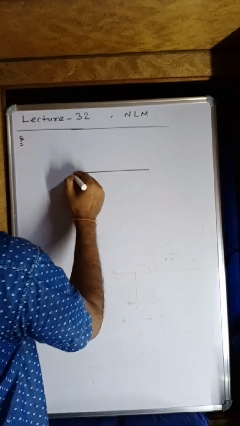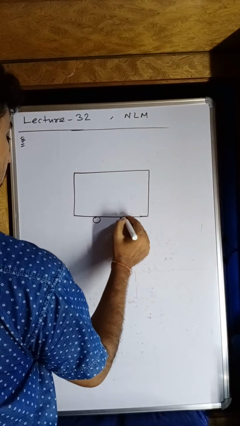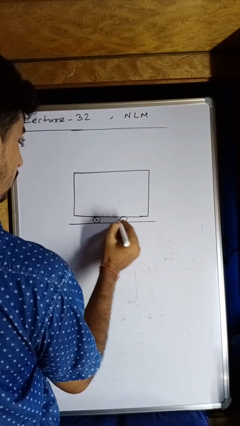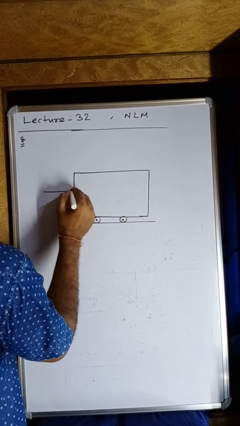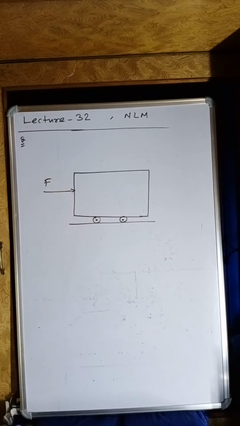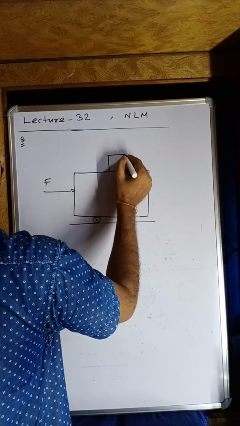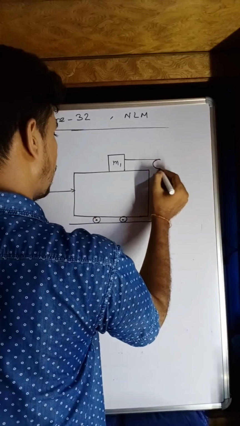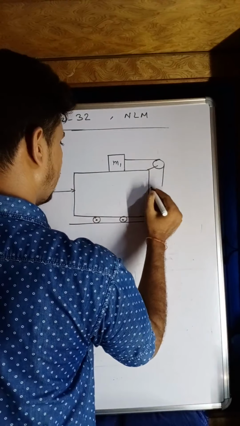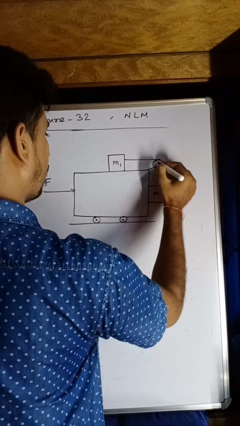Suppose this is a trolley, and this trolley is moving with some acceleration due to the application of a force. Here I am applying a force, okay? But two blocks are kept, one here, suppose M1, and another block here, suppose M2.